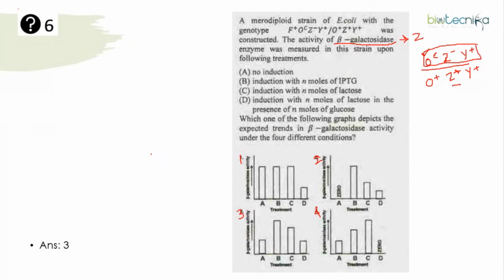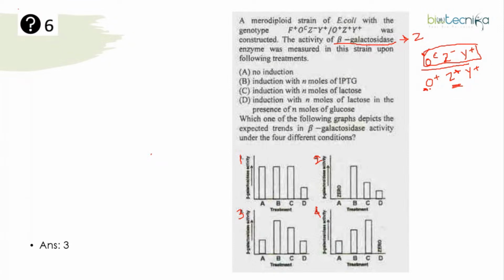Whatever you're going to get is from the Z plus, because the operator is cis-acting, not trans-acting. This operator is normal, plus means it is a normal one. It cannot activate anything over here. Moreover, there is no Z gene present. So you have to look into this construct.